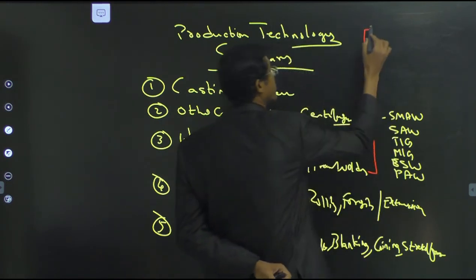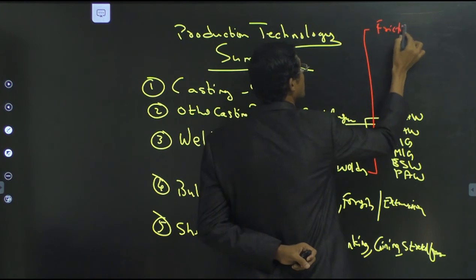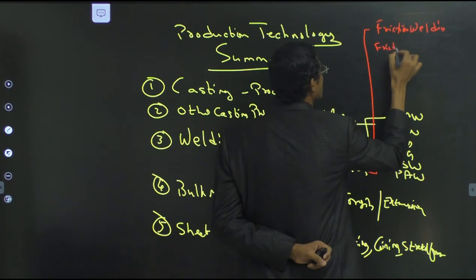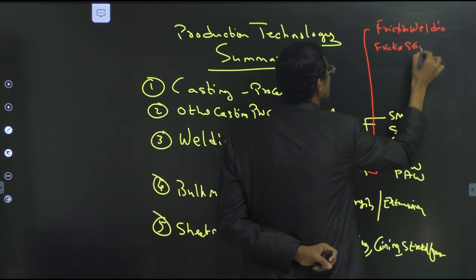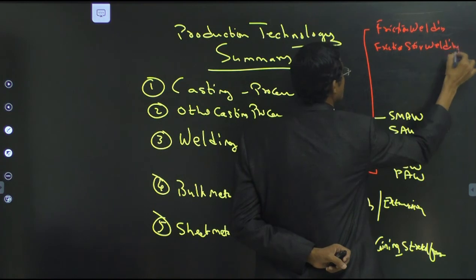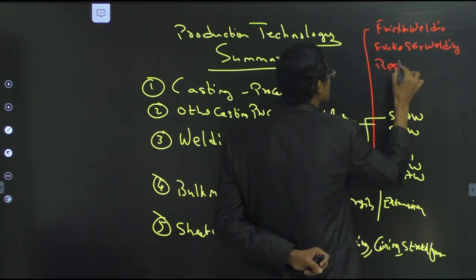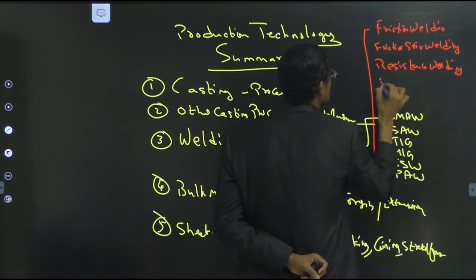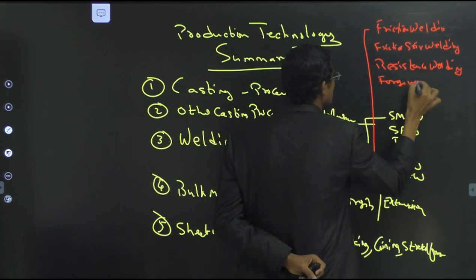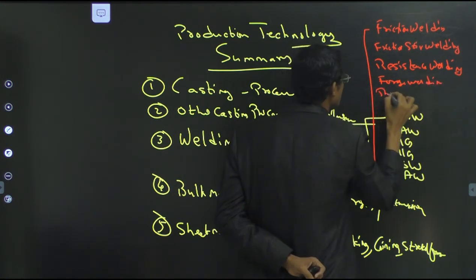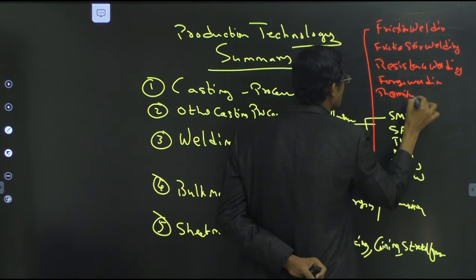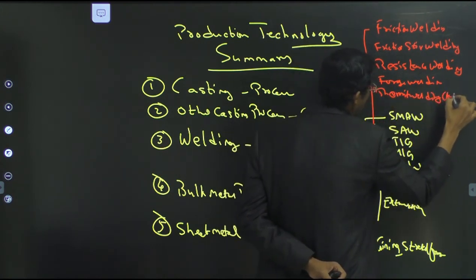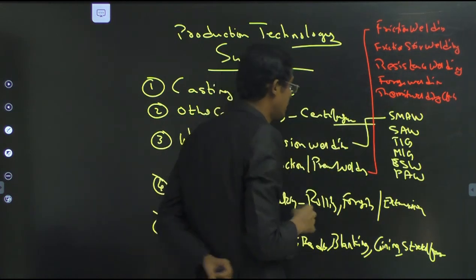In pressure welding we have seen friction welding, friction stir welding, resistance welding, and forge welding. Thermit welding comes under fusion, not pressure; it is also one of the types we have seen.